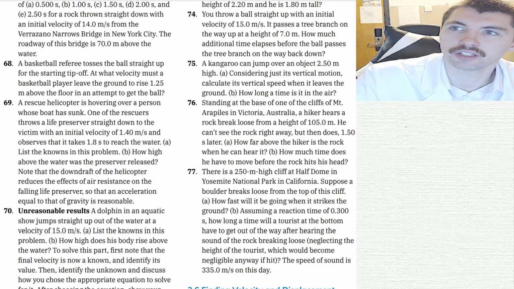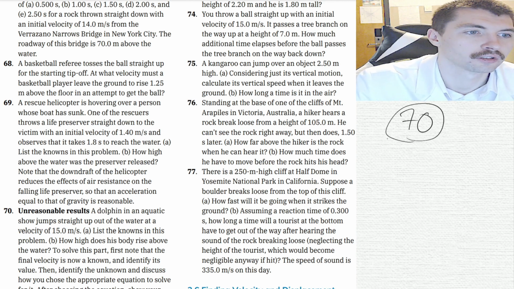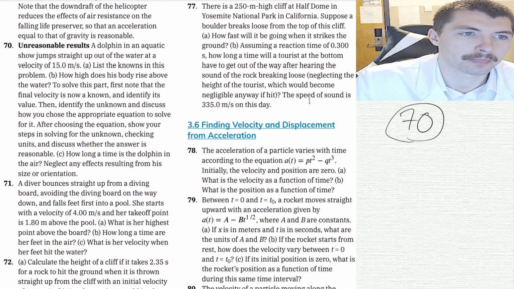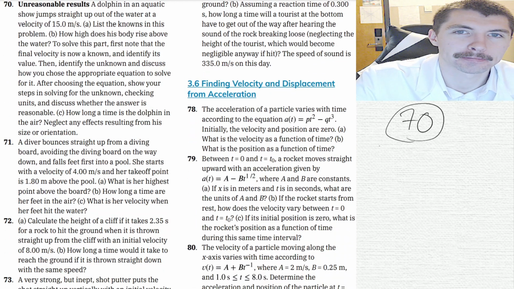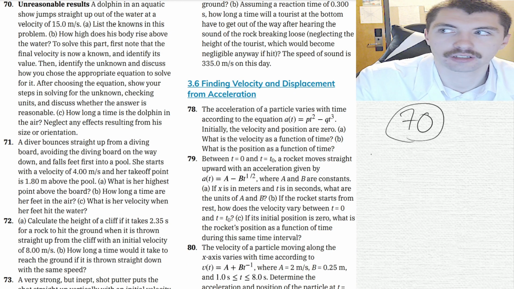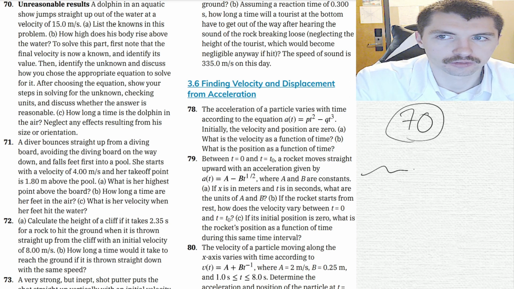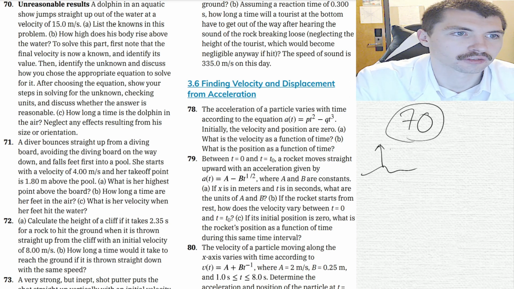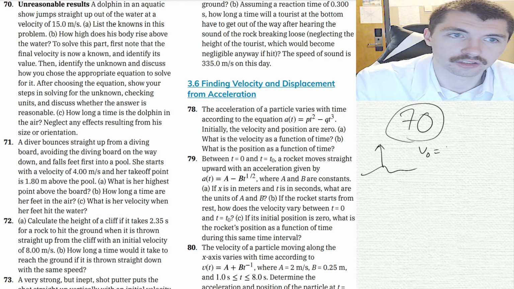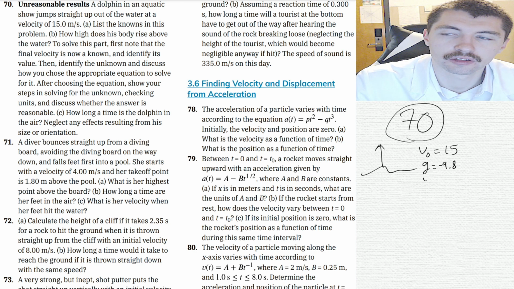All right, 70. Dolphin in an aquatic show jumps straight out of the water. So it's jumping out of the water at V naught of 15. Okay, g is 9.8. Y naught is 0.